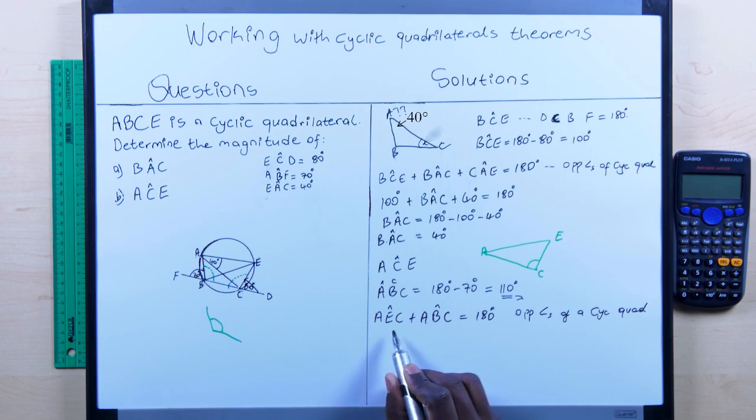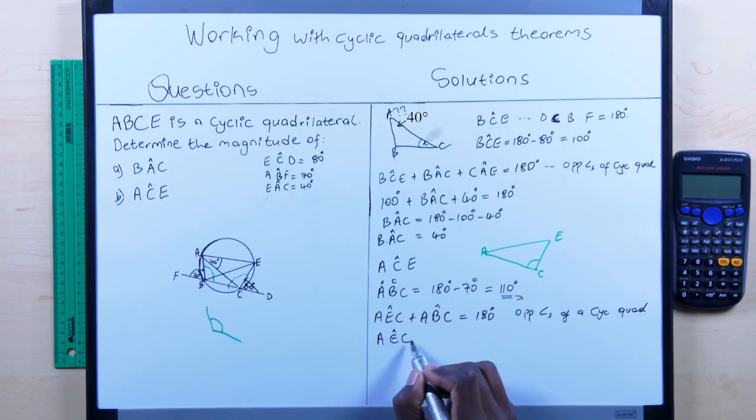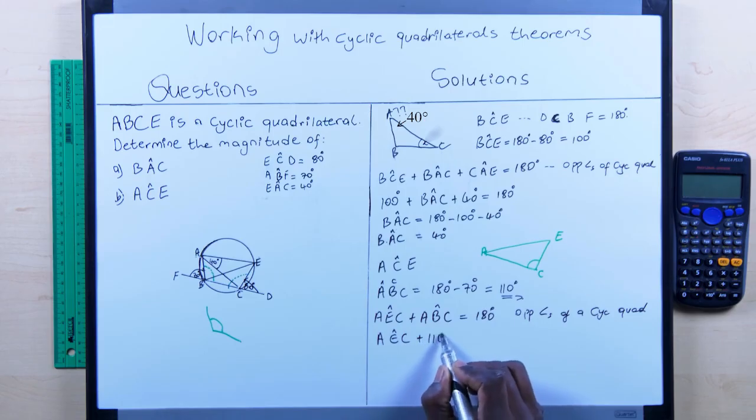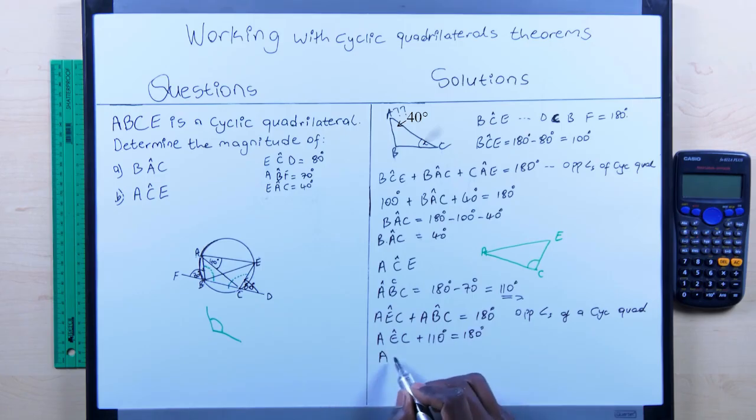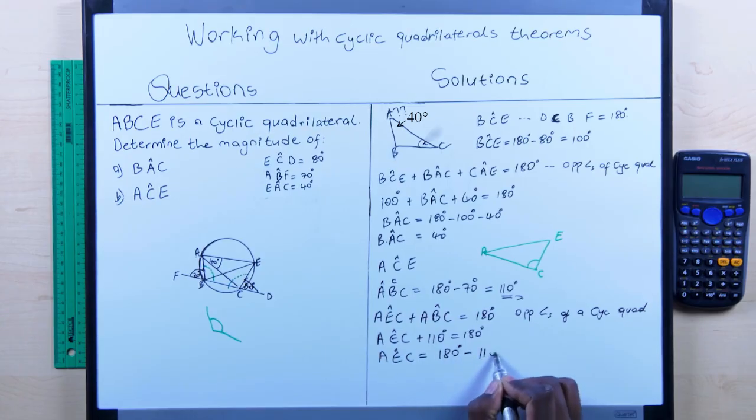Therefore, once we know that we have found ABC, it's easy to substitute. AEC plus ABC, which was previously calculated as 110 degrees, should be equal to 180 degrees. Therefore, angle E of triangle AEC should be equal to 180 degrees minus 110 degrees, which should give us 70 degrees.